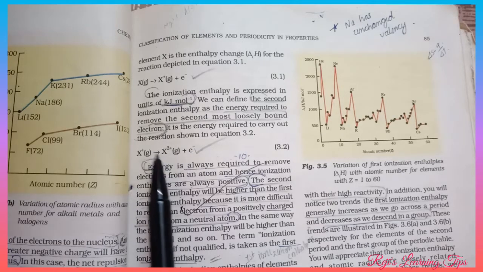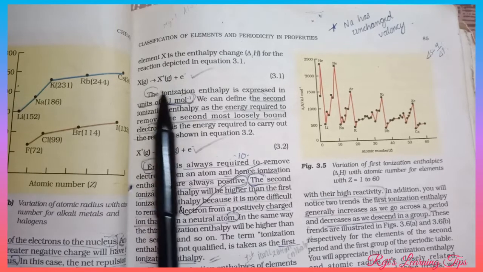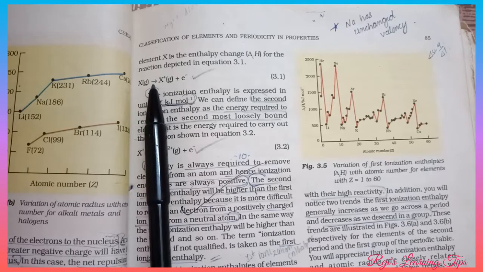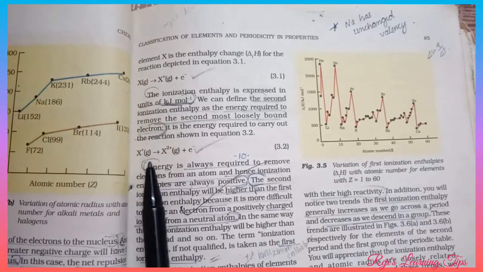So here energy is always required to remove the electron from an atom. So the ionization enthalpy is positive here, and the second ionization enthalpy will always be higher than the first ionization enthalpy. This is the first ionization enthalpy: the energy required to remove the first loosely bound electron.